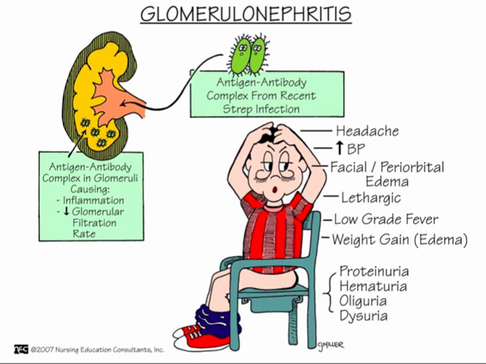So if it's reduced and your kidney's not filtering well, then you're not excreting urine, and other factors like your electrolytes can get out of balance as well. Then they start holding on to fluids. That's why they have higher blood pressure. That's why they get edema. They can have a low-grade fever with it. Proteinuria, hematuria, oliguria, so they have decreased urine output with it as well.